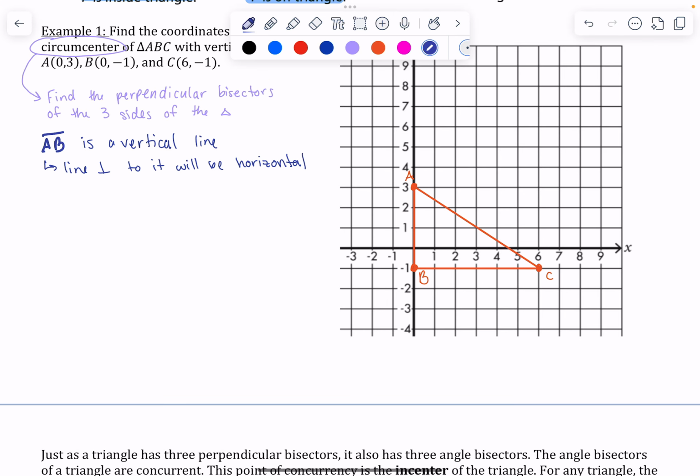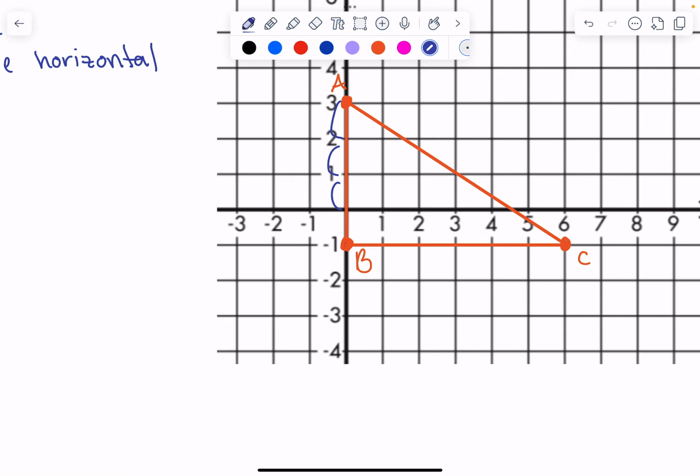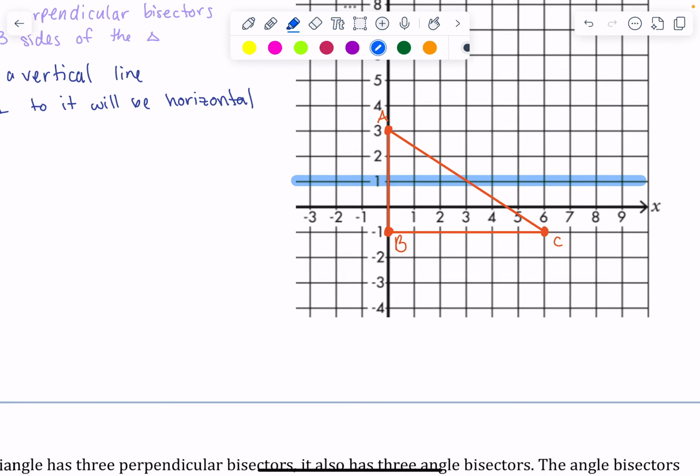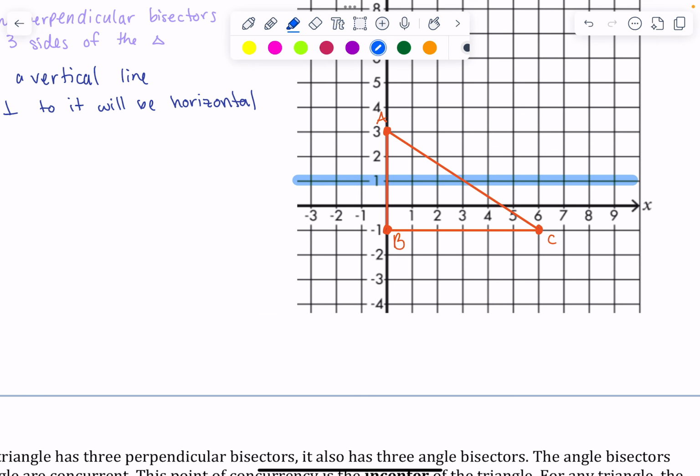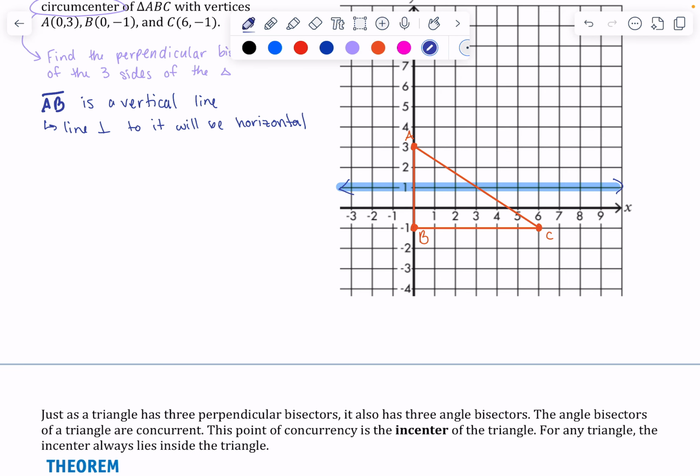I want a perpendicular bisector, meaning it's going to cut segment AB in half. Now AB is 1, 2, 3, 4 units long. So if I want to cut it in half, then this line right here will be perpendicular to segment AB, but will also cut it in half, okay? So that line right there is perpendicular to AB and cuts it in half. This piece is equal to this piece. Okay, so I did that once.